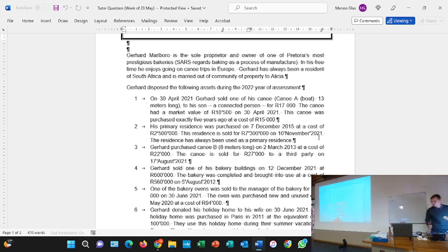Our base cost is 560,000. For the first 9 years before the beginning of this current year, what's the amount of the allowances that we already have claimed?